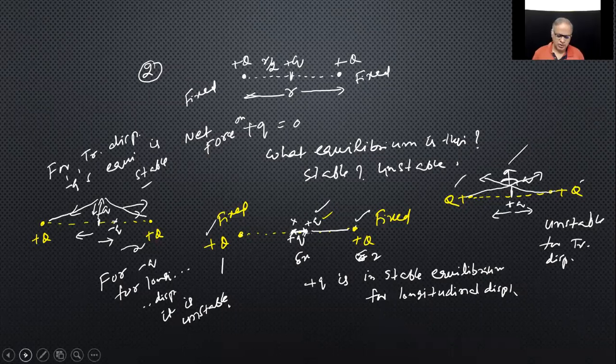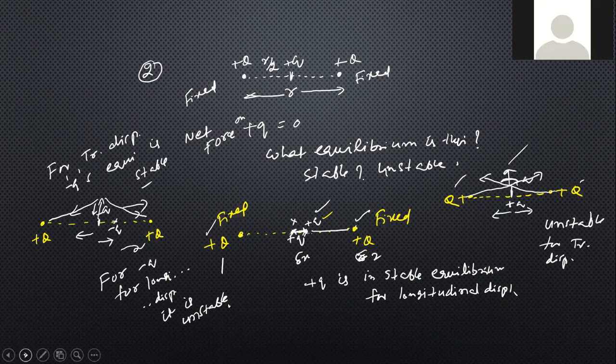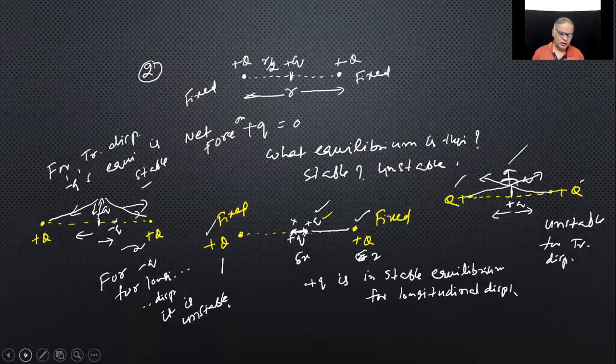But in all the cases, you can talk of oscillation there. Because once it comes back, it won't come to rest immediately, no? Of course, it doesn't oscillate if you displace it slowly, without acceleration. Then it will go back and stay there.